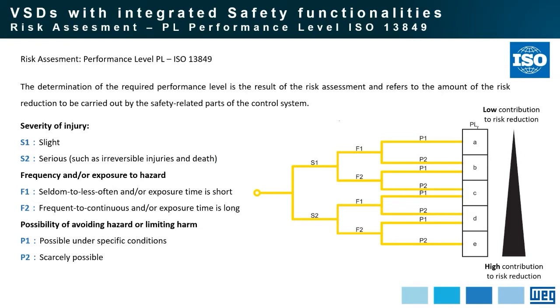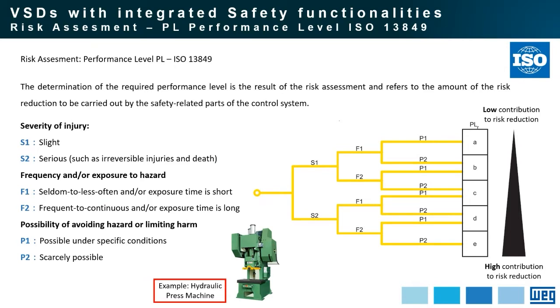And the risk assessment also follows some basic questions similar to the previous standard. So in this case, we will check the severity of injury, the frequency and/or exposure to hazard, and also the possibility of avoiding hazard and limiting harm. So using the same hydraulic press machine as an example, we can classify it as a machine that may cause serious injury.